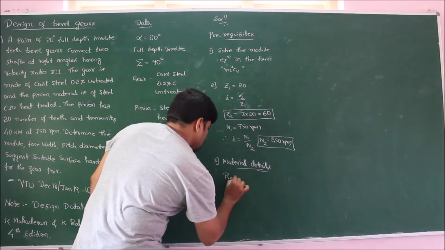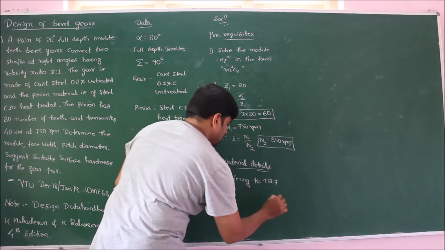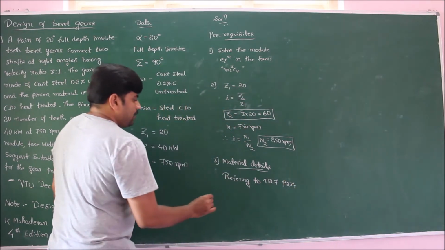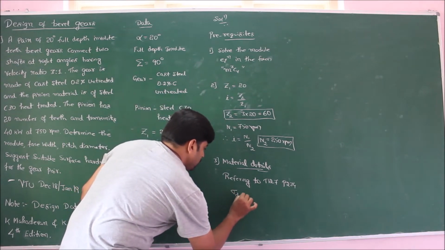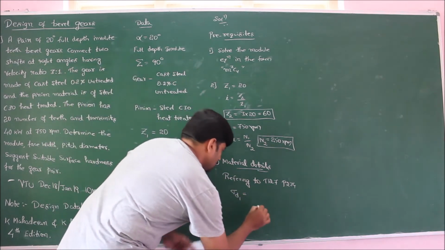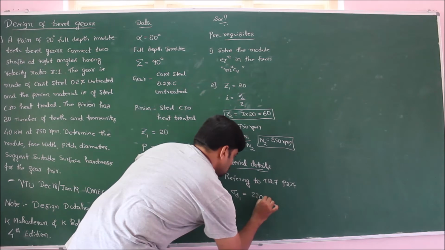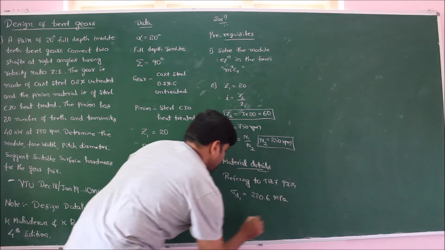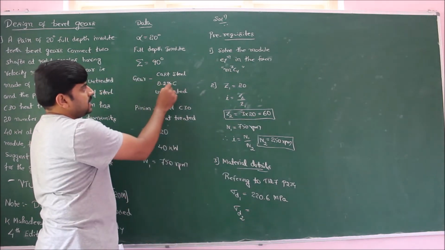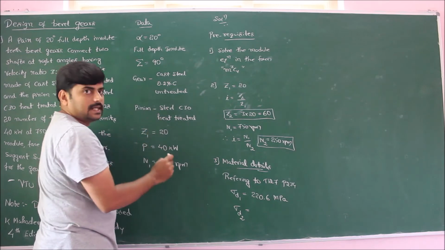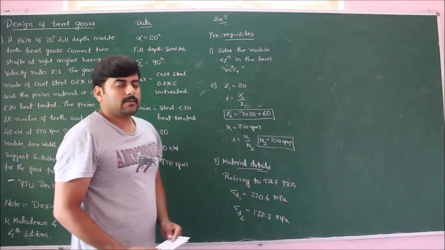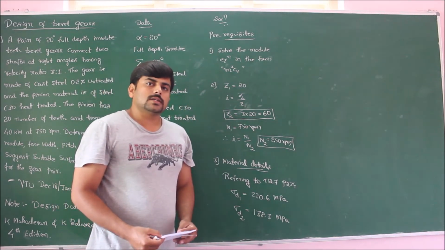Now referring to table 2.7, page number 234 of our design data handbook, the allowable static stress for the pinion, that is for steel C30 heat treated material, is 220.6 megapascals, and the allowable static stress for the gear, which is made of cast steel 0.2% carbon untreated material, will be 138.3 megapascals. With these prerequisites, we can move on and solve the problem.